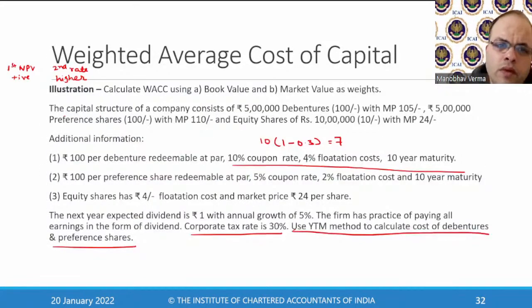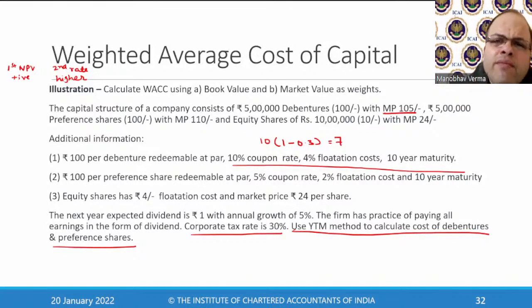Also, since we are talking about debentures at 100 per debenture, what will be the initial amount we are discussing in this case? The capital structure with a market price of 105, right? We are looking at 105 in this case, and 4% flotation cost.